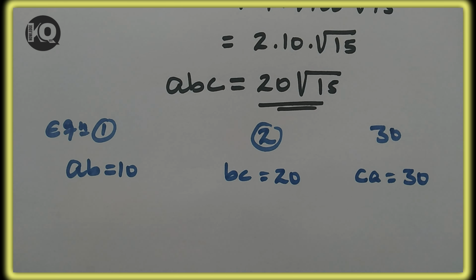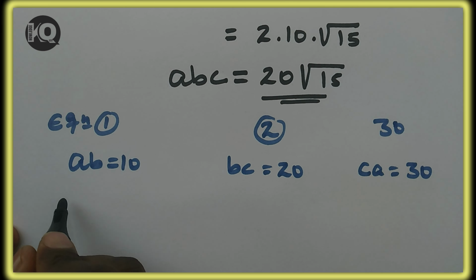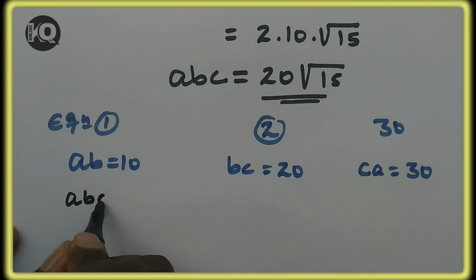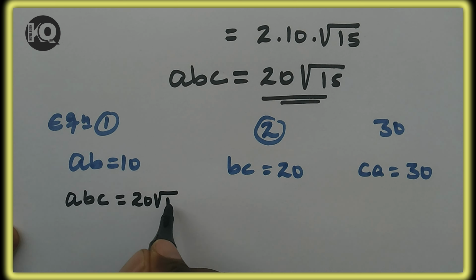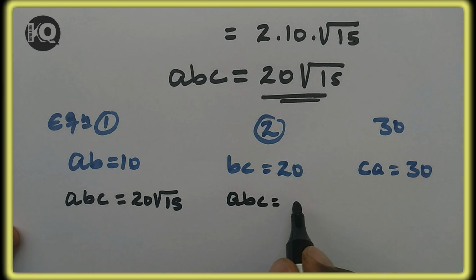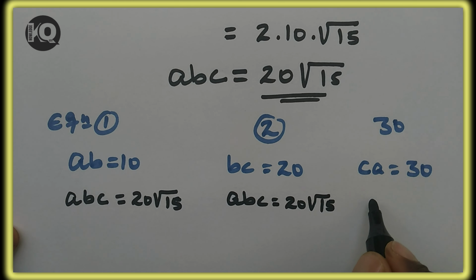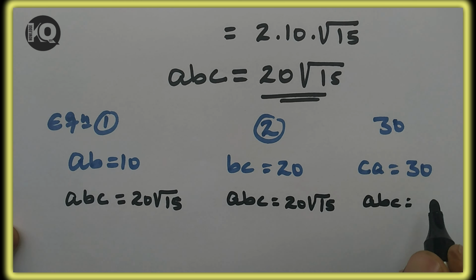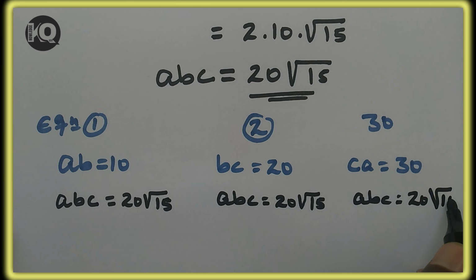So we have ABC. So let's multiply. ABC, which is 20 times the square root of 15, ABC here, 20 times the square root of 15, and ABC here, 20 times the square root of 15.